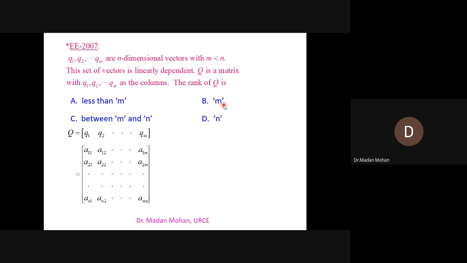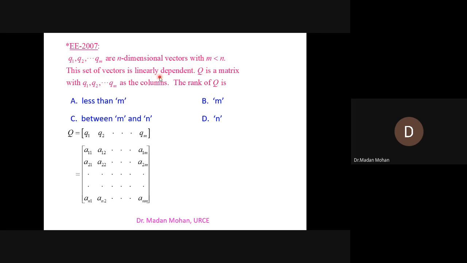You should have m linearly independent vectors. But given to you, this set of vectors is linearly dependent. So rank is not m. If rank is m, you should have m independent vectors. At least one vector depends on the remaining, meaning one vector you can delete. Hence rank is, now tell me the rank.